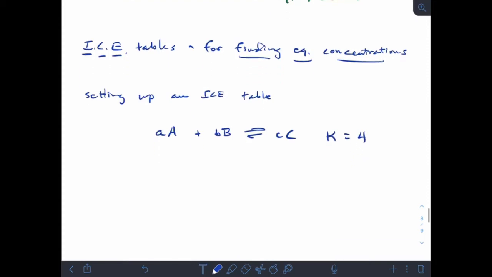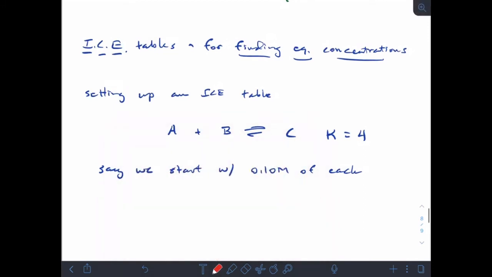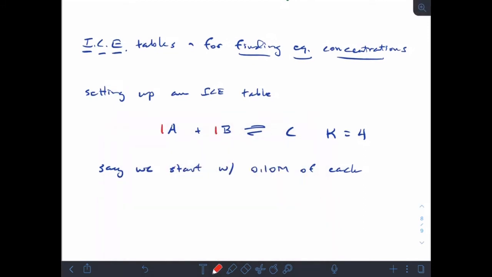Let's say we start with 0.1 molar of each. 0.1 molar of A, 0.1 molar of B, 0.1 molar of C. I'm going to take out those coefficients, so we just assume that our stoichiometric coefficients are all 1.